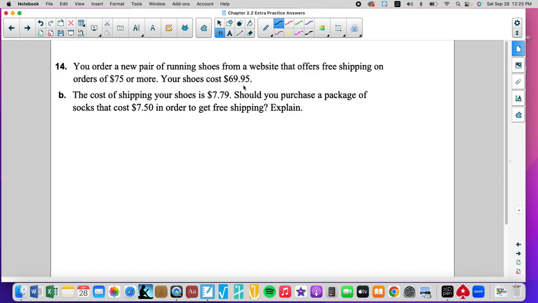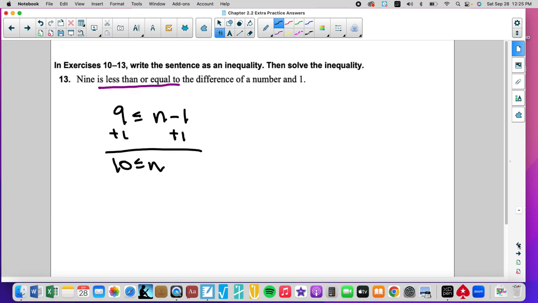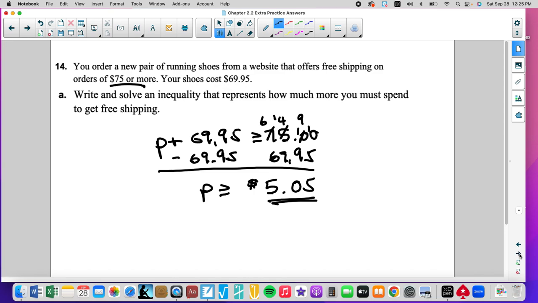So if I do $69.95 plus $7.50, or remember, I go back here, I need to, right? I'm $5 away from my cost. So, whoops, sorry, went the wrong way.